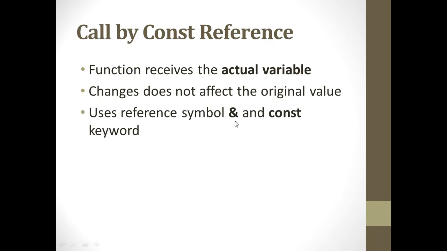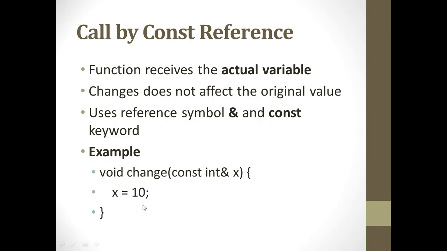It also uses the ampersand symbol along with the const keyword. So here now we have const, the variable type, ampersand, then the variable. In this case, you have access to the memory, but you cannot change the content.